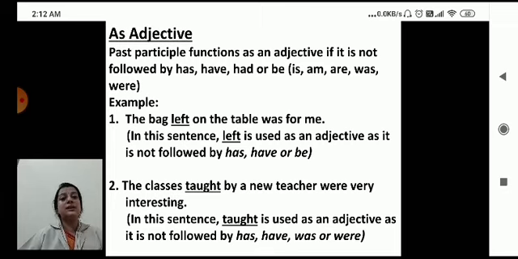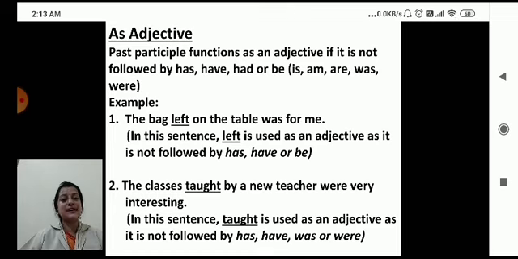First example: the bag left on the table was for me. Here you can see that there is no has, have, had or be, or is, are, am, was, were before left. So in this sentence, left is used as an adjective as it is not followed by has, have or be, right?